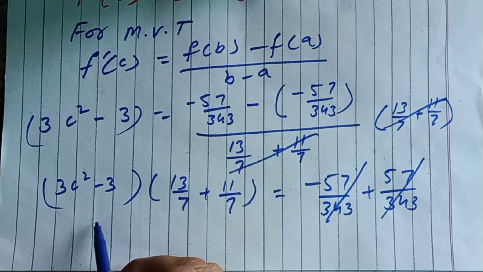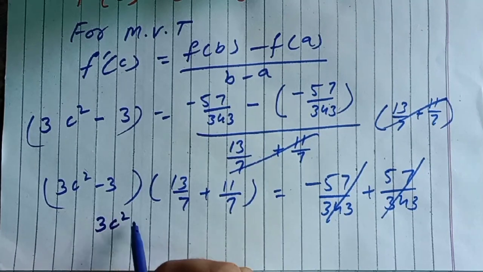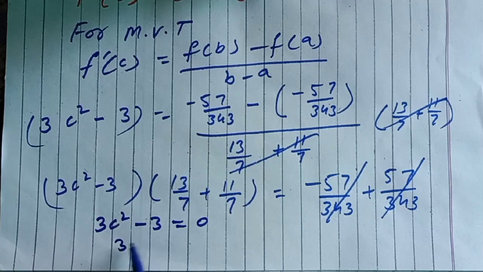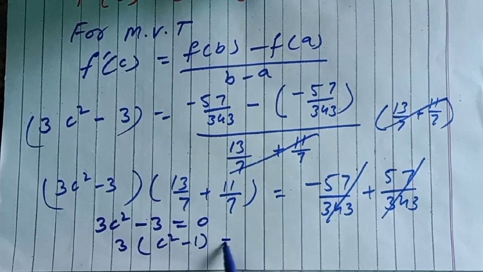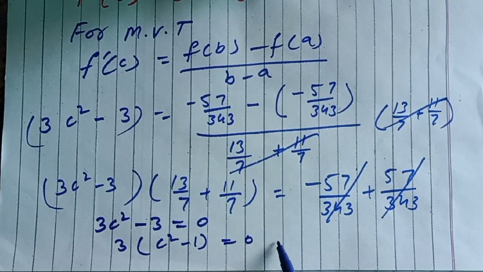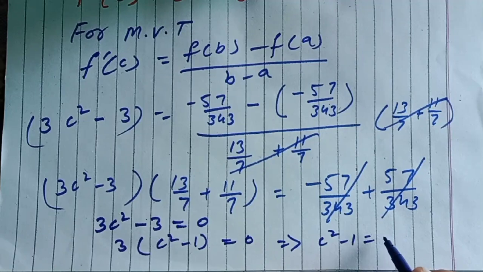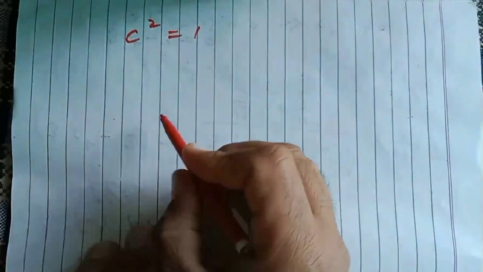Now we get 3c^2 - 3 = 0. Taking 3 common, c^2 - 1 = 0, and c^2 = 1.